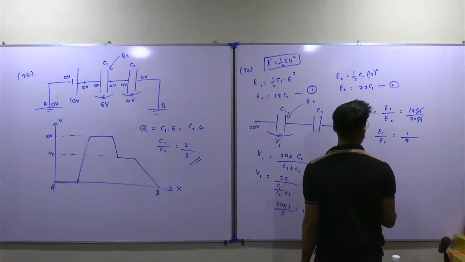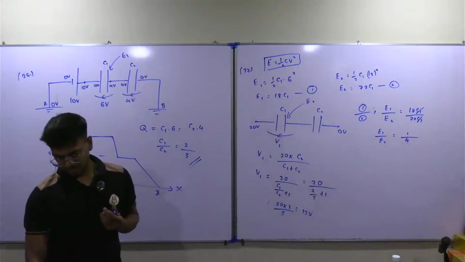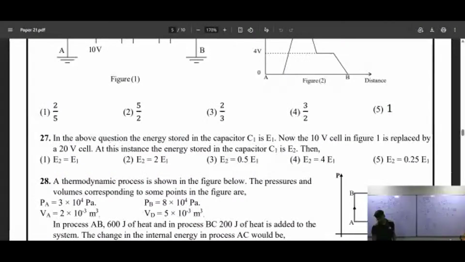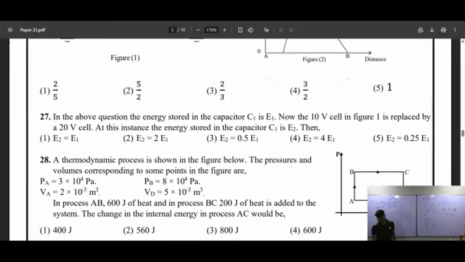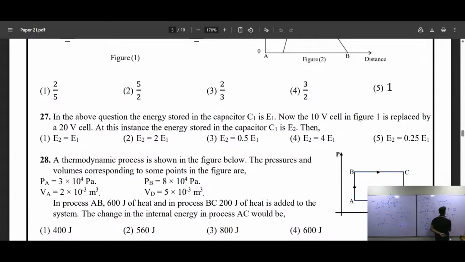So what is the answer? E2 is 4 times E1, right?